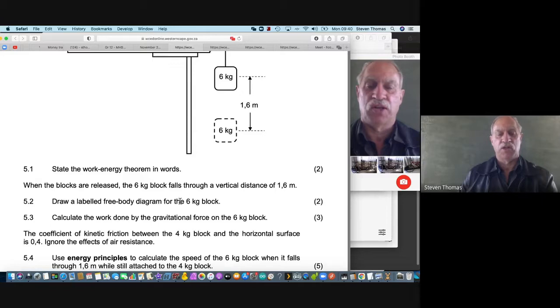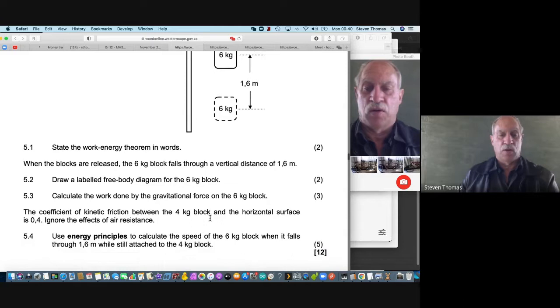So you get the work done by gravity, M times G times H, or change of potential energy. I don't think there's anything more than that. The coefficient of kinetic friction between the 4-kilogram block and the horizontal surface is 0.4, right?